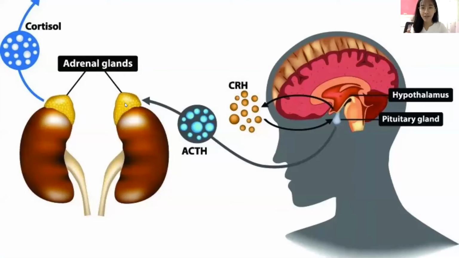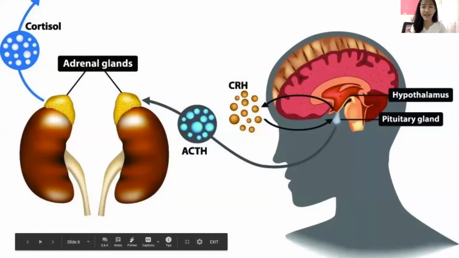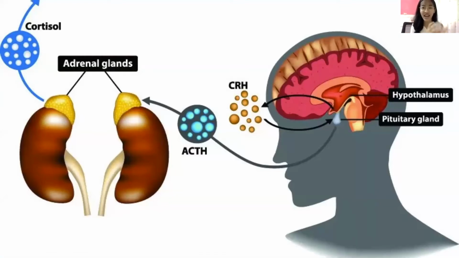The hypothalamus contains neuroendocrine neurons that secrete the corticotropin-releasing hormone, the CRH. It acts on the pituitary gland to stimulate the production and release of the adrenocorticotropic hormone, the ACTH, into the circulation. The circulating ACTH then induces the adrenal glands to synthesize and release corticosteroids such as cortisol and corticosterone.